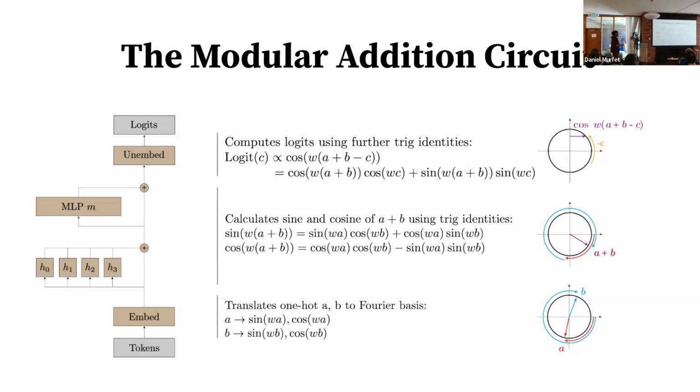So this is like the standard Anthropic transformer diagram. How we think about this is we input tokens, which are like the numbers 1 through 113, effectively. And you input 2 of these.